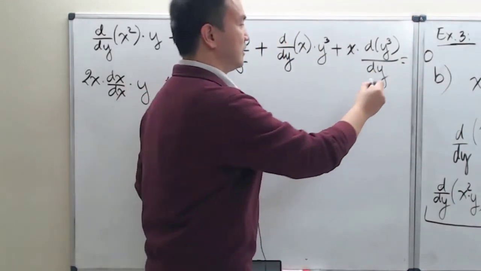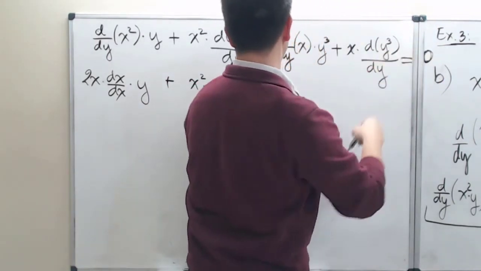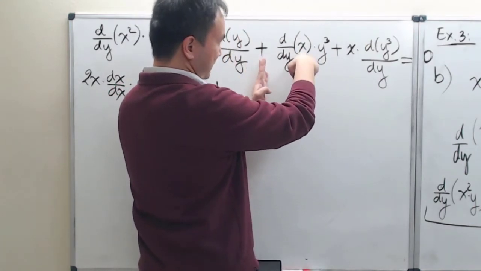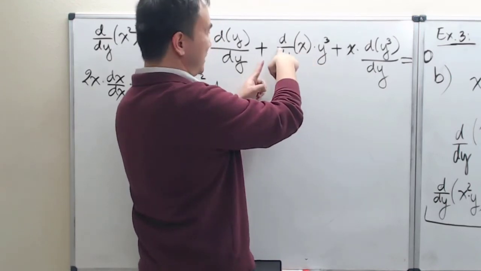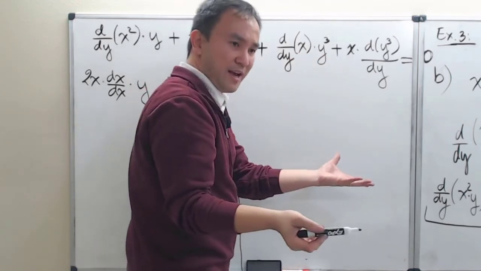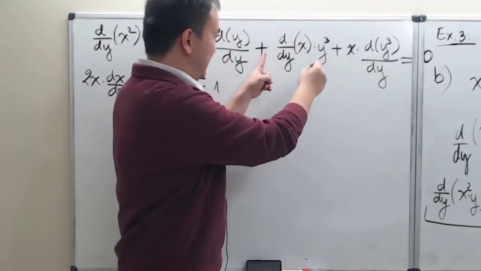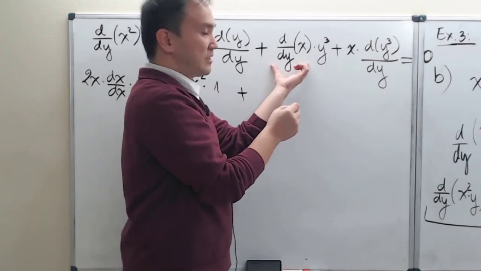My writing is getting a little squeezy here, but this 0 is the right hand side. Once again, x is an implicit function of y, so we didn't know what x is as a function of y. We only know that it's defined implicitly, so we have no choice but to leave it as an implicit derivative.